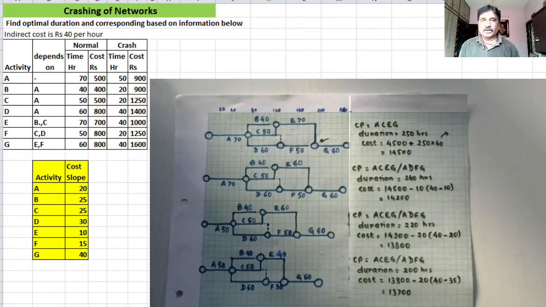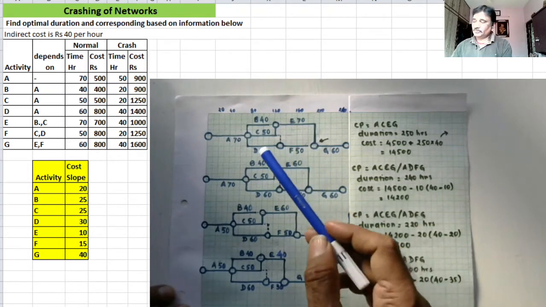When you crash a certain activity on the critical path, crashing cost will get added, but indirect cost will get reduced because you are reducing the duration of completion of the project, and this will lead us to find the optimum project completion duration.